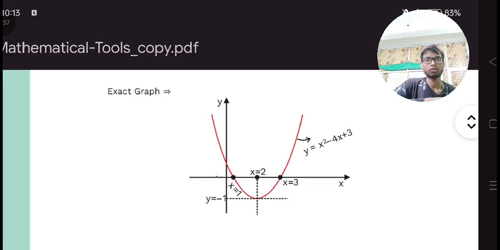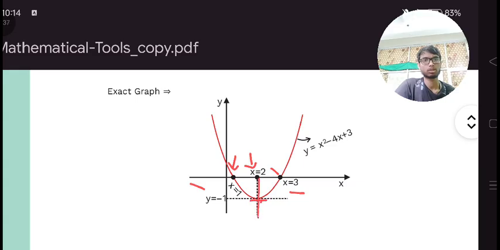Exact graph is over here. x is equal to 3 over here, and another is x is equal to 2, and here x is equal to 1, and this is y is equal to minus 1. So rather than this coming over here, it is coming over here, and here x is plus 1, and this is x is plus 3, and y is over here.